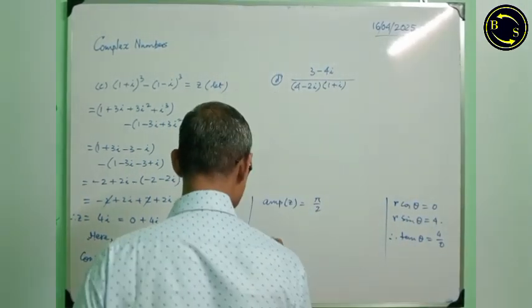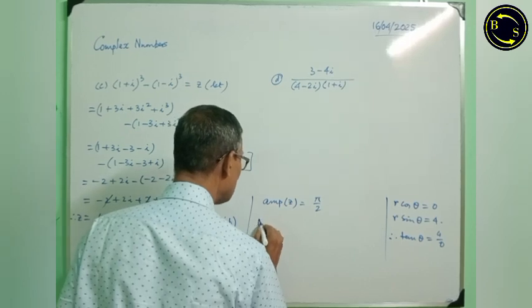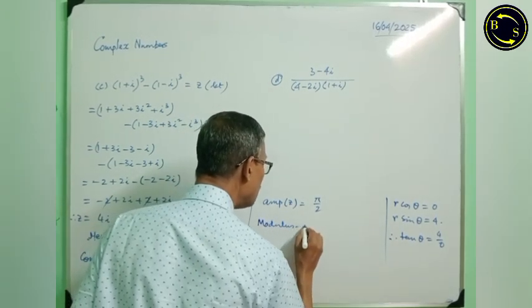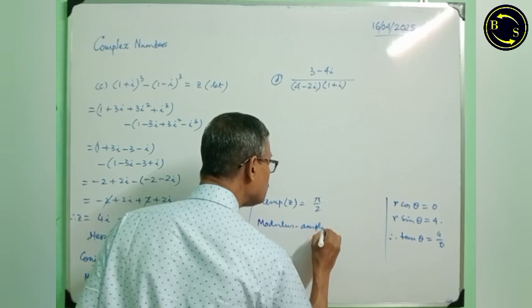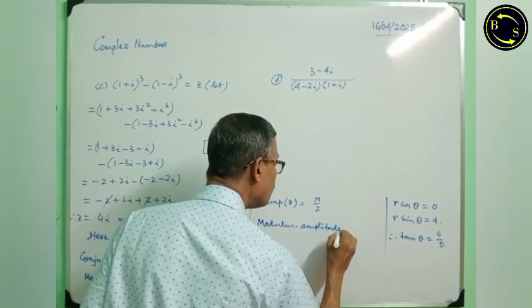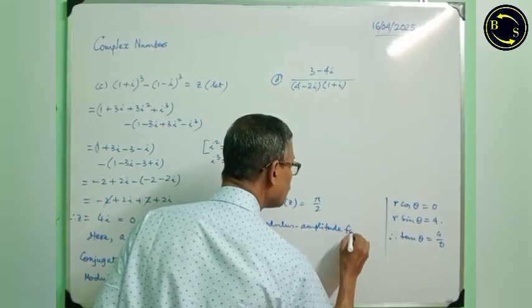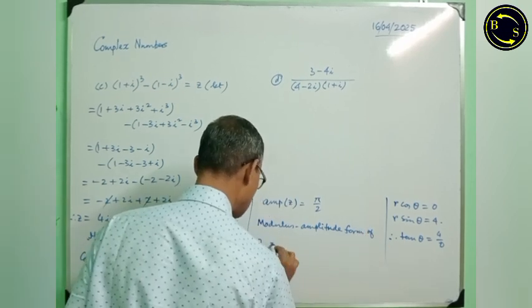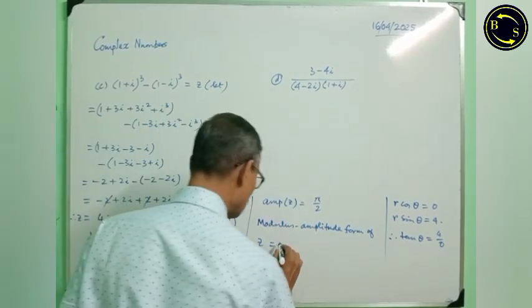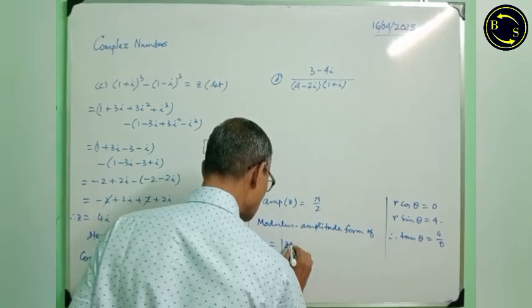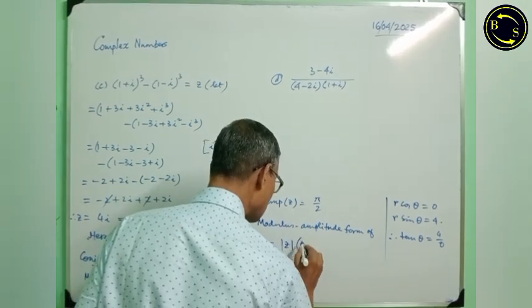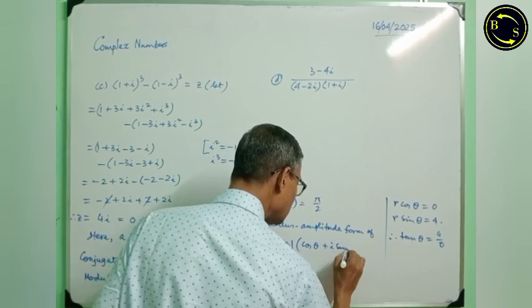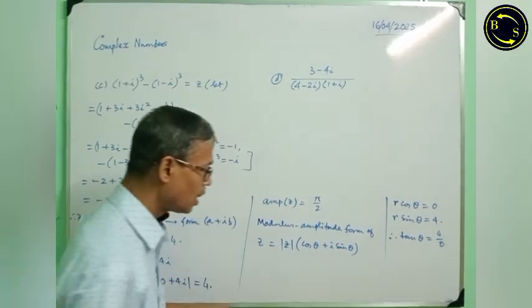I mentioned that modulus amplitude form of z is equal to, first I'll write that mod z, cos theta plus i sin theta.